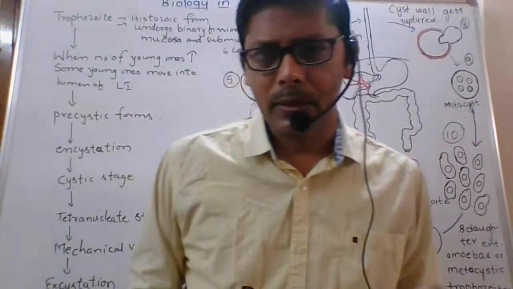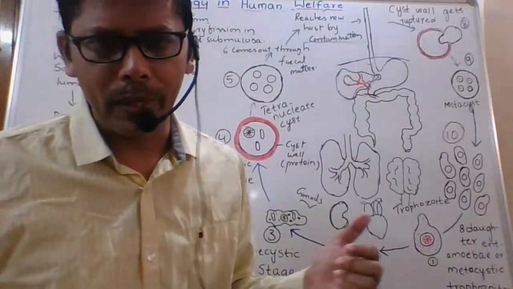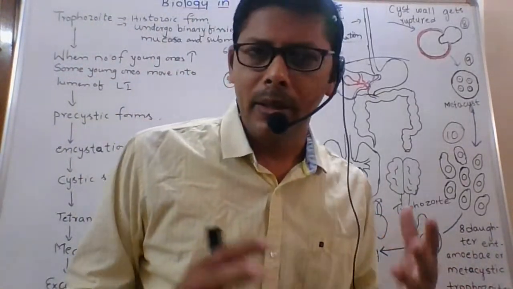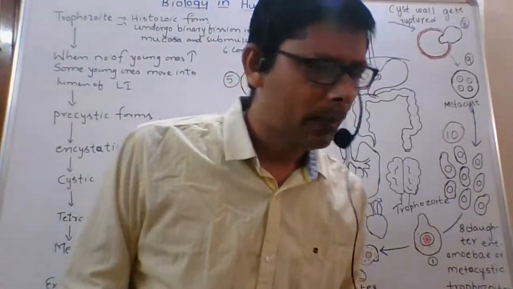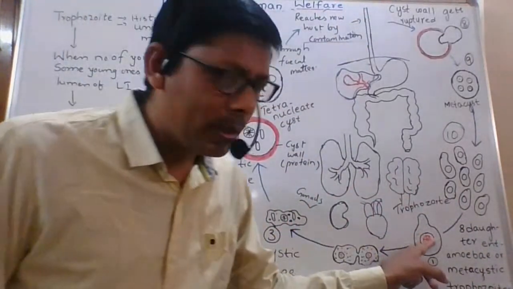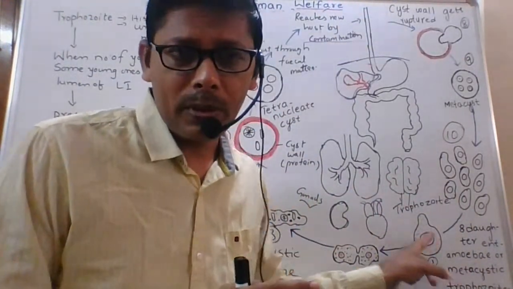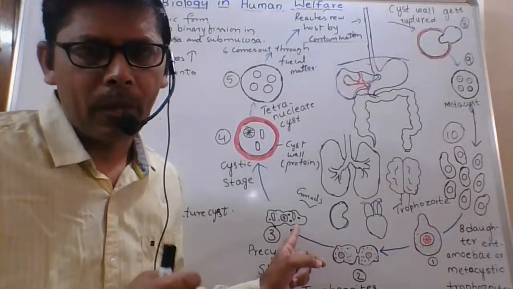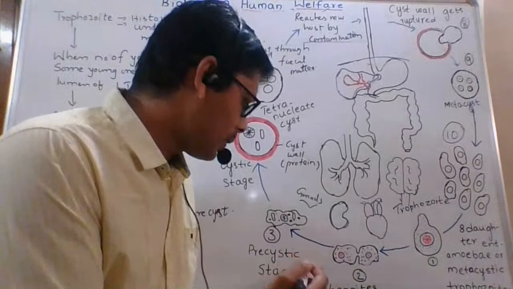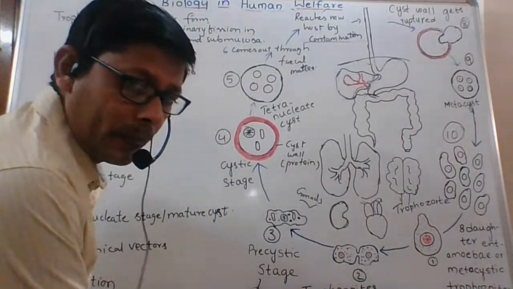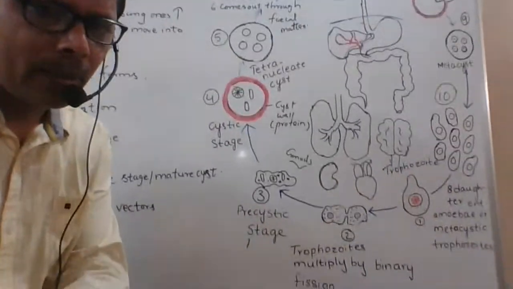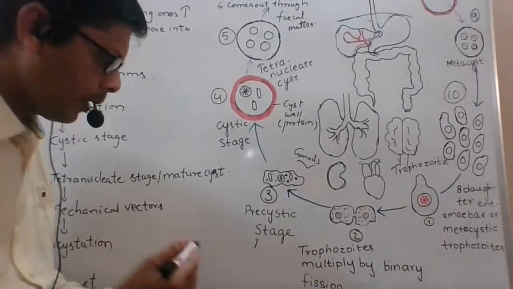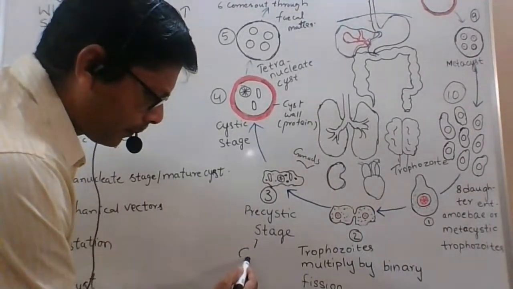No food vacuoles are present here because it is a non-feeding state, and it does not live in mucosa and submucosa, but it lives in the lumen. That means the pre-cystic stage lives in the lumen. It is coelozoic.